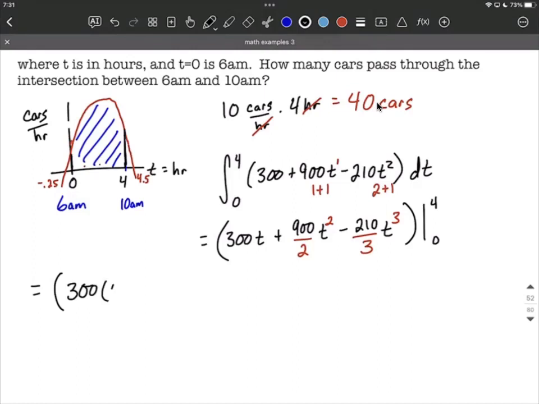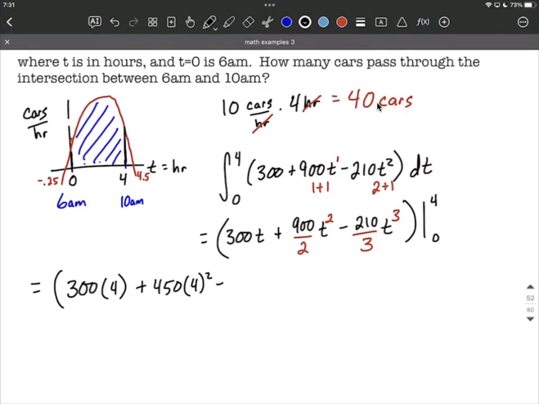So 300 times 4 instead of t, plus, if you're okay with it, I'm doing 900 divided by 2 in my head, makes 450. Replace the t with the 4, this time it's squared, minus 210 divided by 3 makes 70. And then replace the t with 4. This time it's cubed. Minus, now we replace each of the t's with 0, our lower bound.